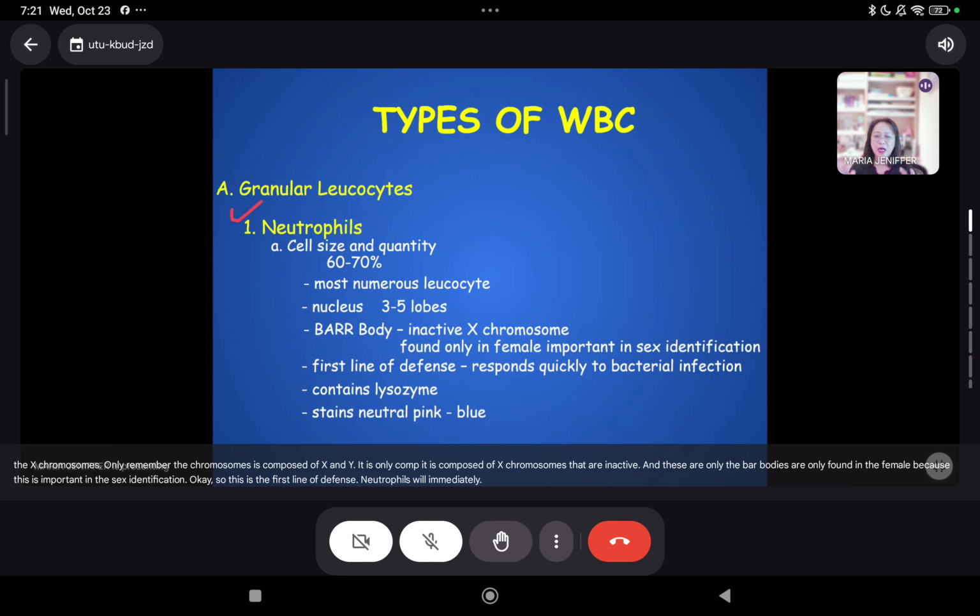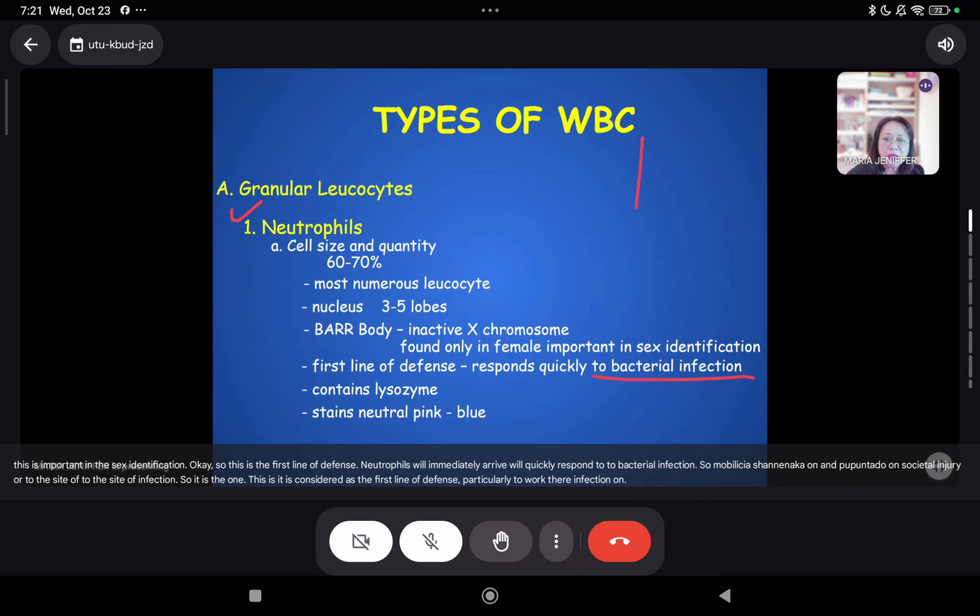Neutrophils will immediately arrive and quickly respond to bacterial infection. It is the first to go to the site of injury or infection, so it is considered the first line of defense, particularly against bacterial infection.